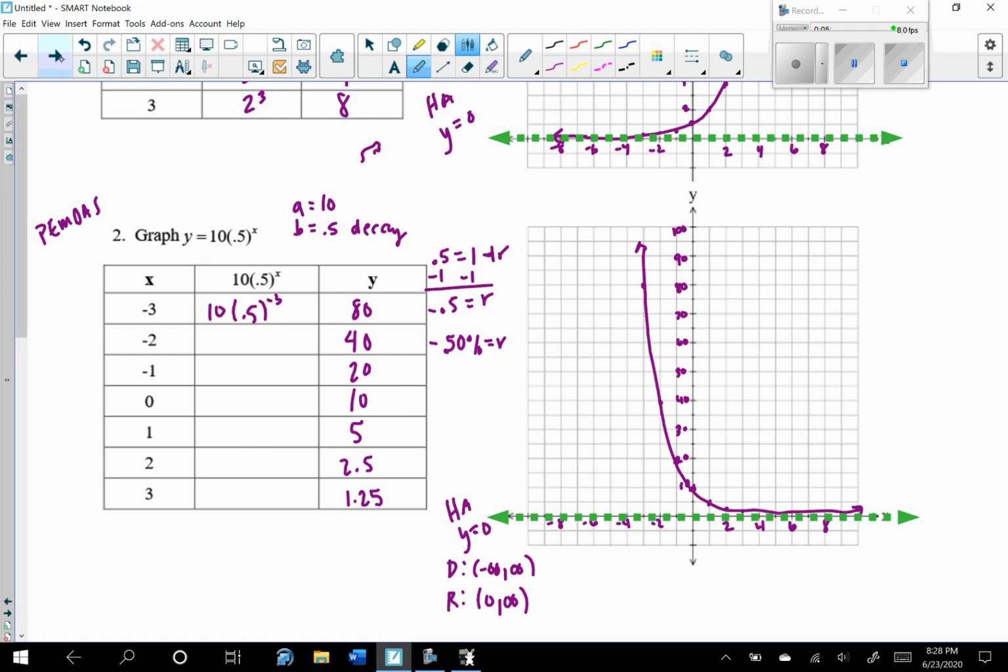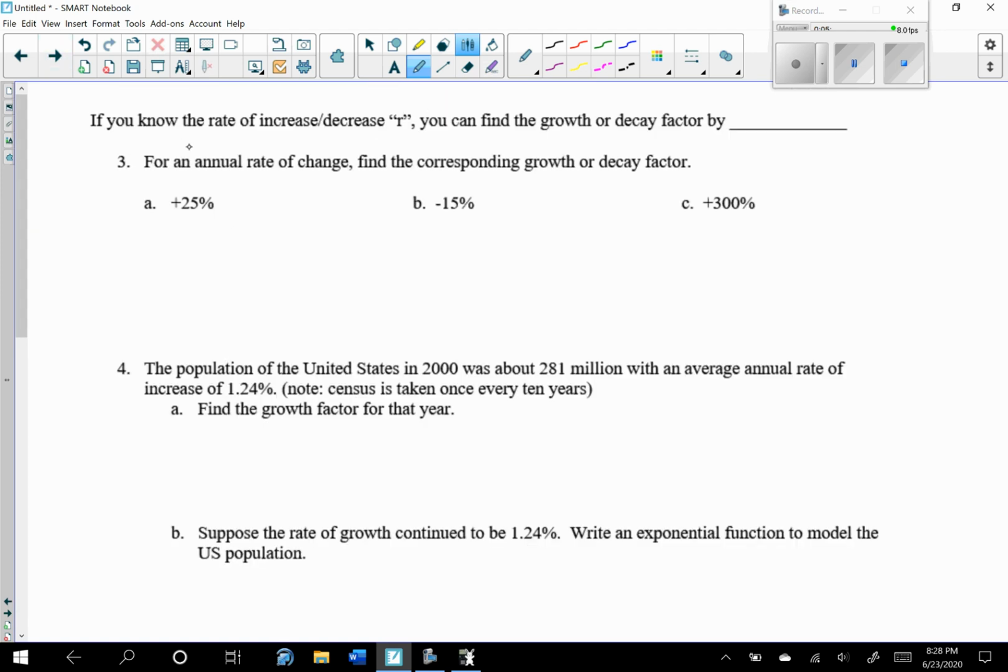And so, what we just talked about, it says if you know the rate of increase or decrease r, you can find the growth or decay factor by using the formula b is equal to 1 plus r. We just did the opposite. We knew the growth or decay factor and we found the rate. So for the annual rate of change, find the corresponding growth or decay factor.